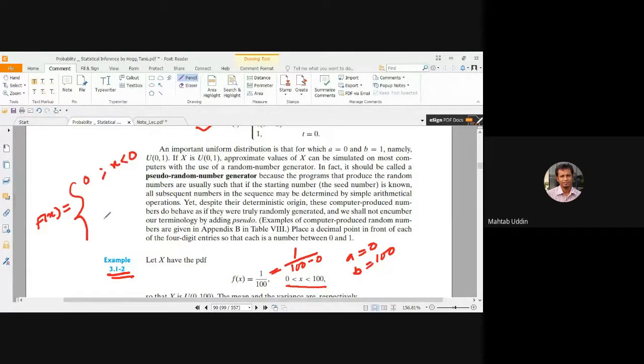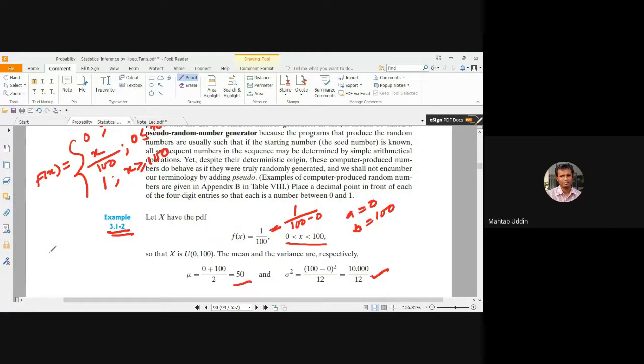After completing the interval, it is 1, so for x greater than or equal to 100 it is 1. And in between, (x minus a) divided by (b minus a), that is x minus 0 divided by 100, if 0 is less than or equal to x less than 100. Do you understand?